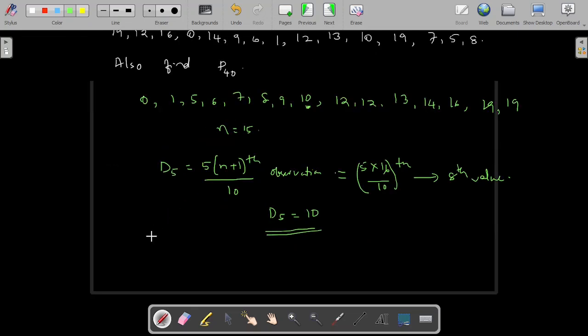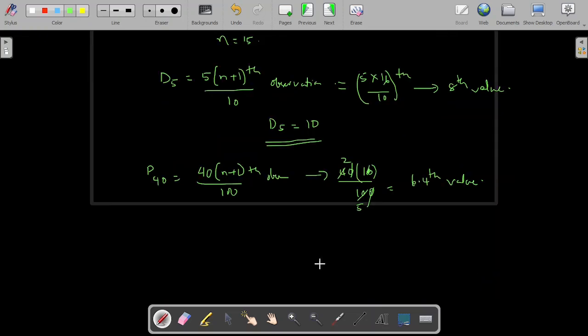Now similarly, you want to find out P40. P40 is 40 into (n plus 1) by 100th observation that we have to find out. So which is equal to 40 into (n plus 1), which is 16, by 100. This cancels, 2 2s are 4, 2 5s are 10. Then you will get it as the 6.4th value.